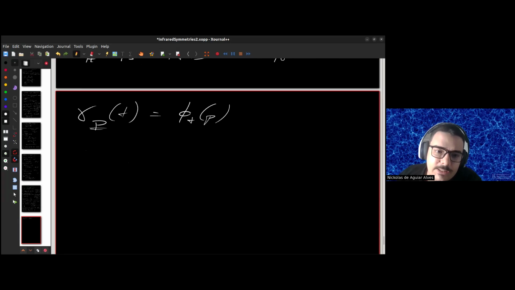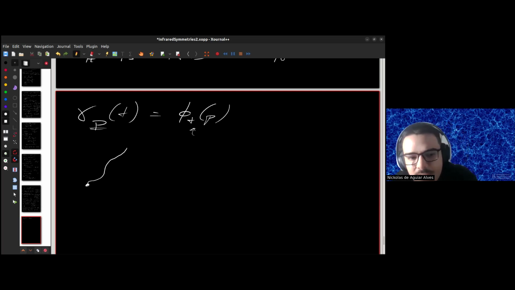So at t equals 0, this curve starts at P. But then as t passes by, as I change the values of t, this will take me to other points. And I get a curve in the manifold.